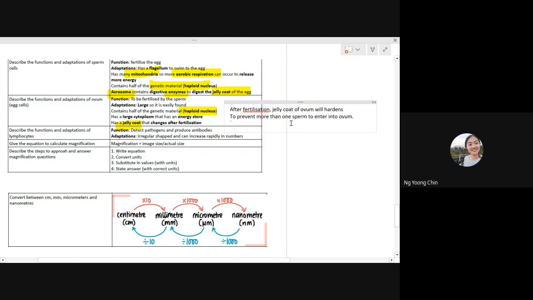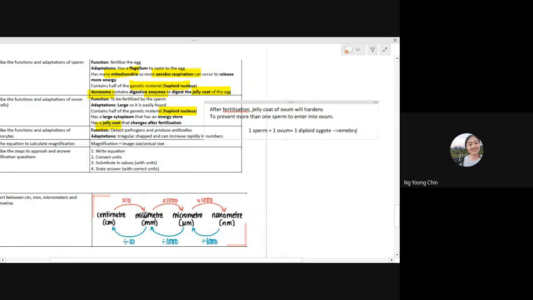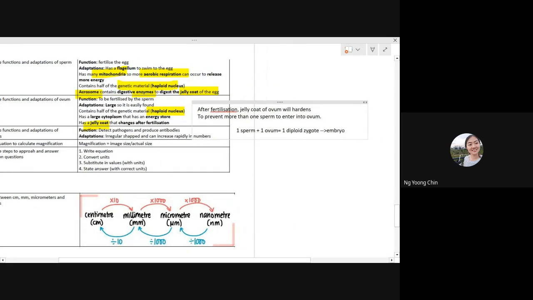Please remember that in order to create a zygote, one sperm fused with one ovum by fertilization forms one diploid zygote. Then this zygote will become the embryo, and then this embryo will become a developing baby.